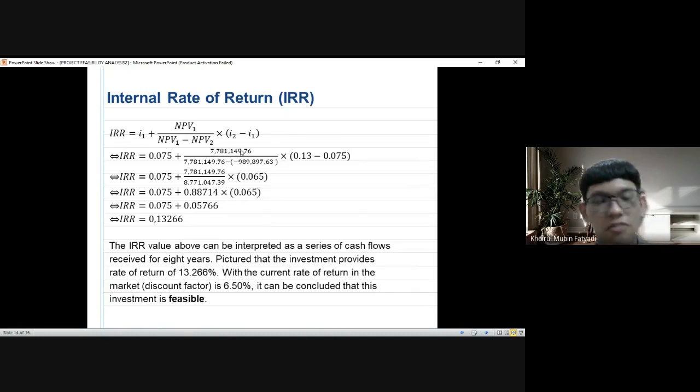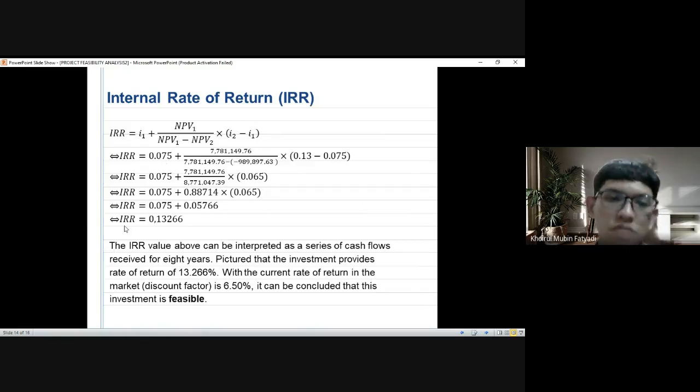And then the calculation is IRR. This is the formula. So we get the IRR is equal to 0.075 plus NPV1 from the previous table, over NPV1 minus NPV2, which is the negative NPV, times I2 which is 0.13 minus 0.075.